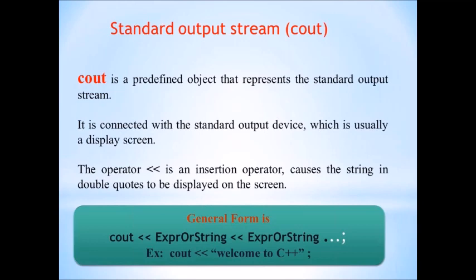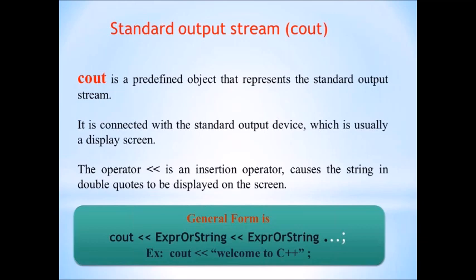That is, the predefined object cout is an instance of the ostream class. ostream is nothing but output stream. So cout is a predefined object that represents the standard output stream. It uses the insertion operator. That is, it inserts output into the screen or some storage device.